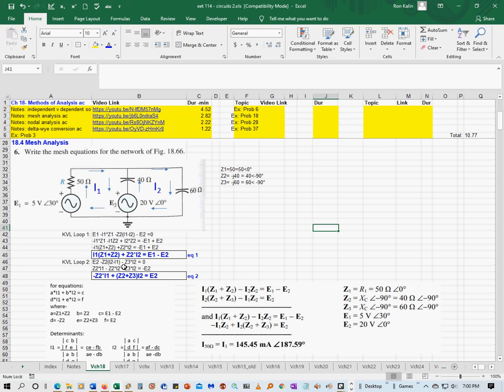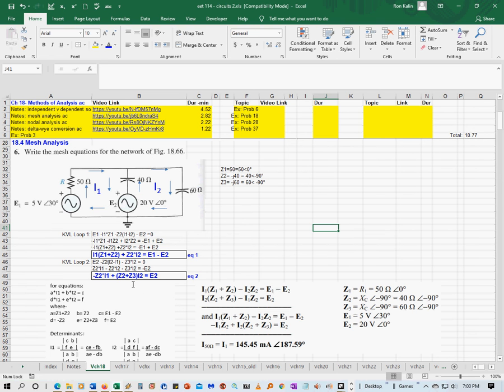So again, rearranging using algebra, I end up with this equation, which is in this form again, with a coefficient times I1 plus another coefficient times I2 equals another variable. So this is the second, we'll call that equation 2.